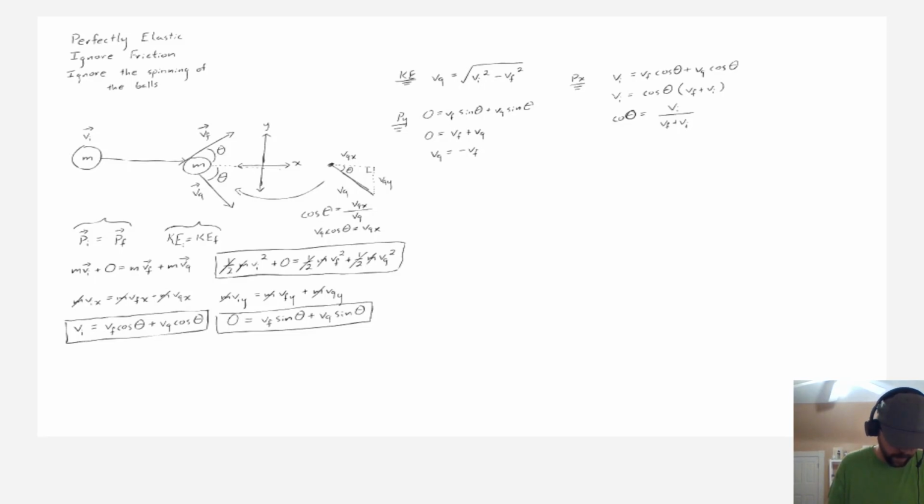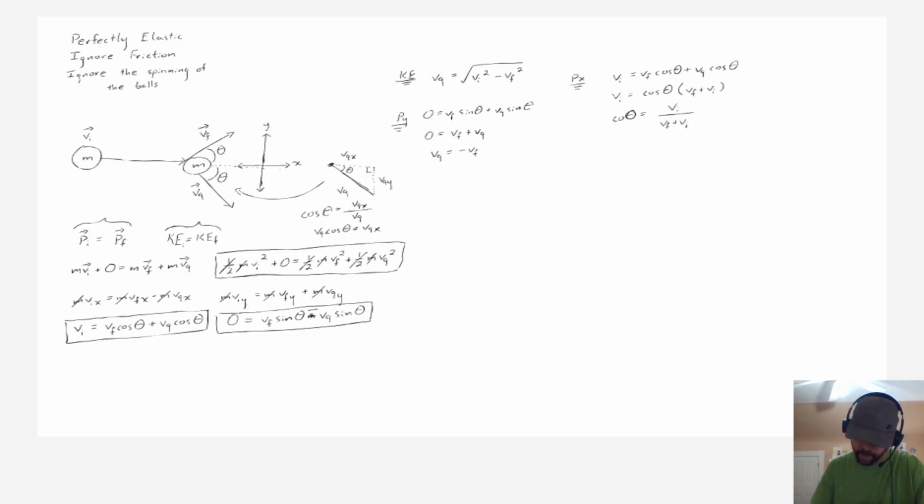What was the first thing I did here? Oh, you know what? I made a mistake here. I made it the first time I did it, and I made it the second time I did it. So in the y direction, this is actually velocity final sine of theta minus v9 sine of theta, and the reason is because the way I set up the axes, the v9 velocity vector is going in the negative y direction, whereas velocity final is going in the positive y direction.